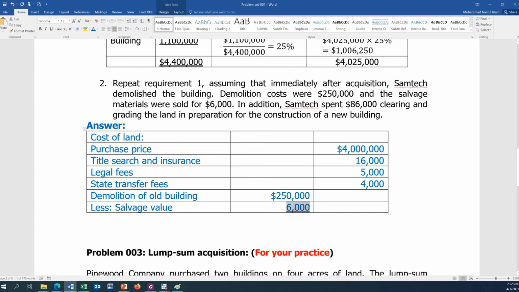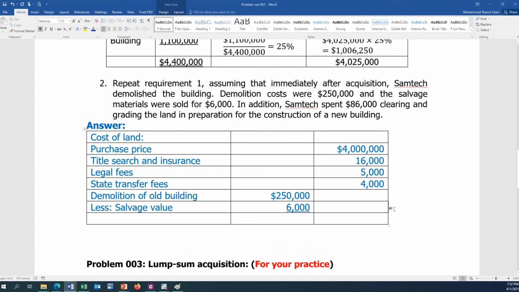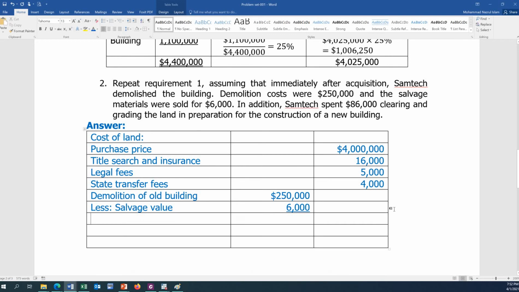And underline. If you want to insert new rows, you can put your cursor over here and just press enter. And now the total is 244,000. Okay, fine.